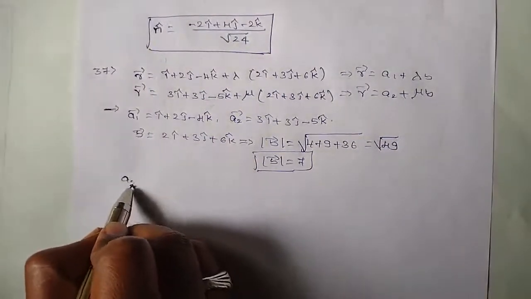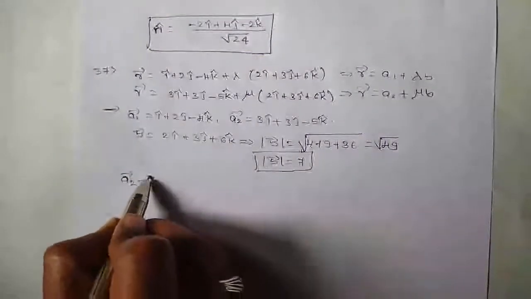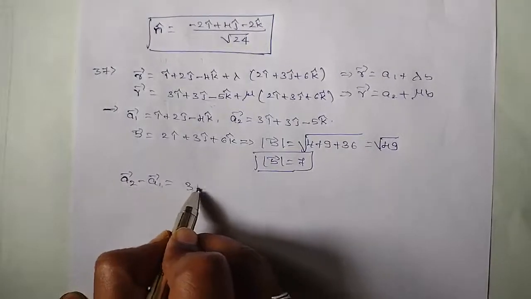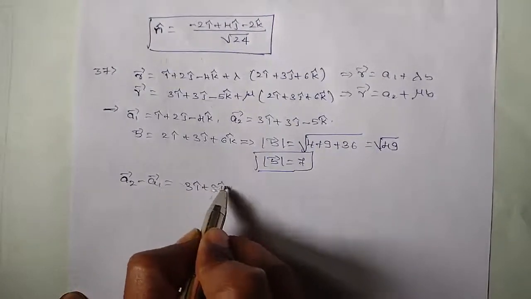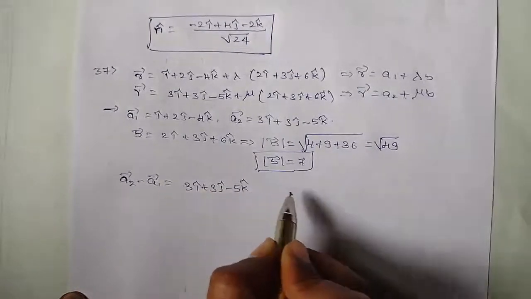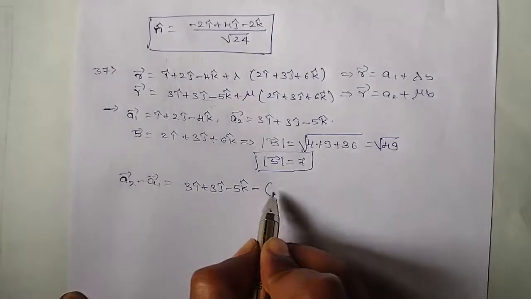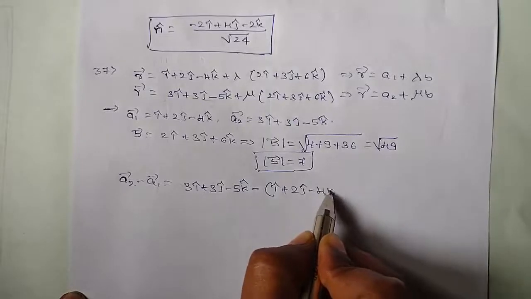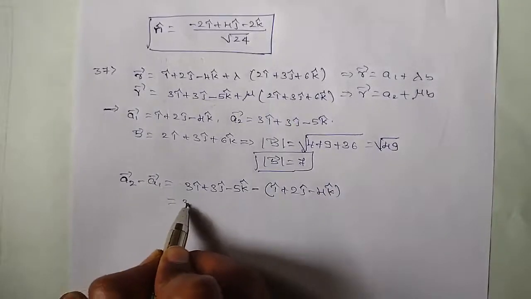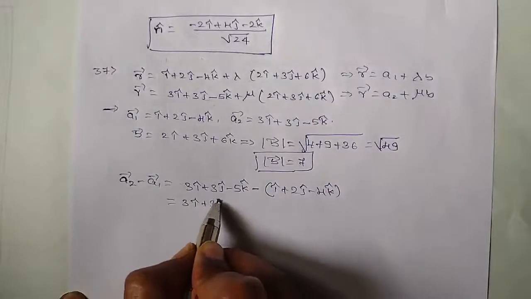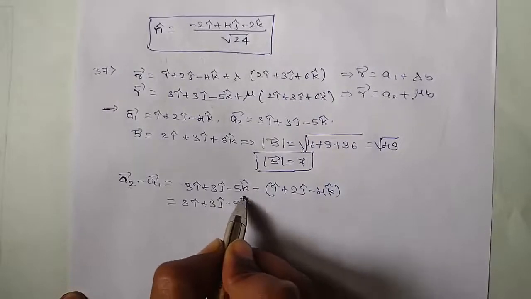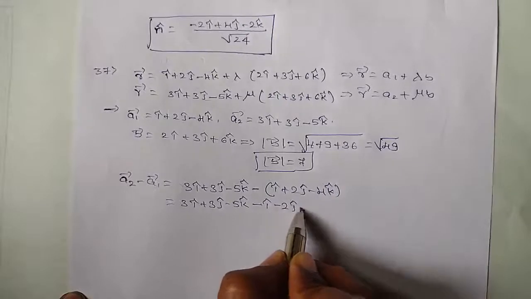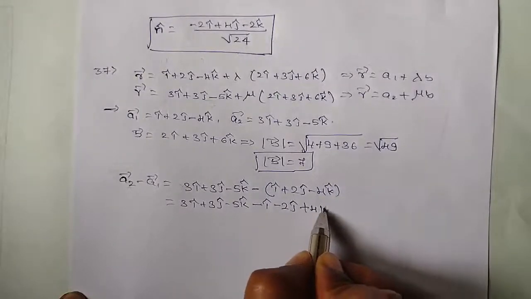Okay. So a2 vector minus a1 vector is equal to a2 vector, which is 3i plus 3j minus 5k, minus a1 vector, which is i plus 2j minus 4k. This is equal to 3i plus 3j minus 5k, minus i minus 2j plus 4k cap.